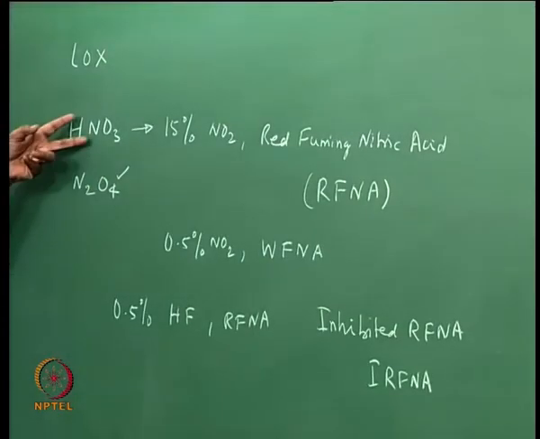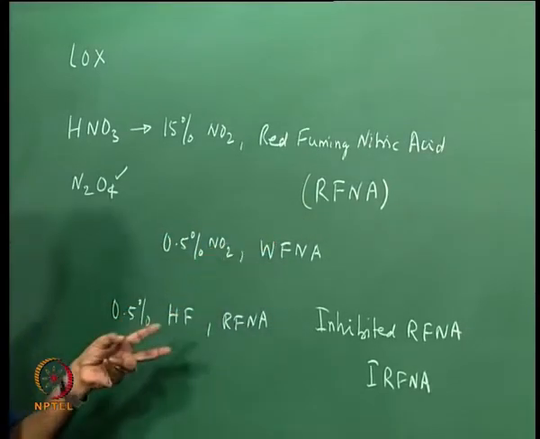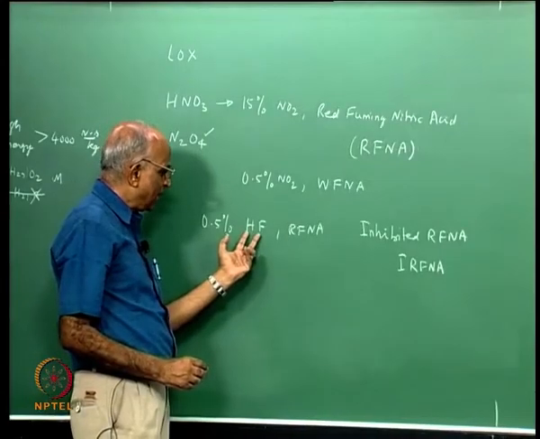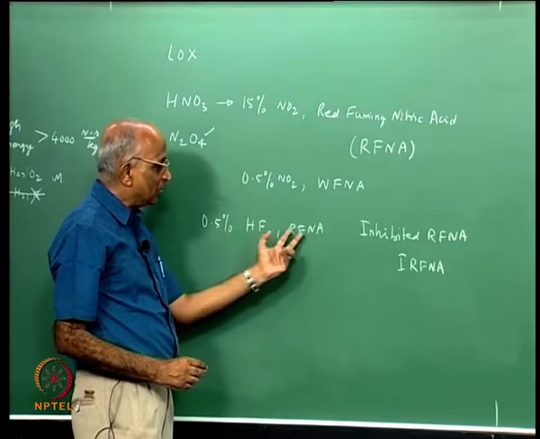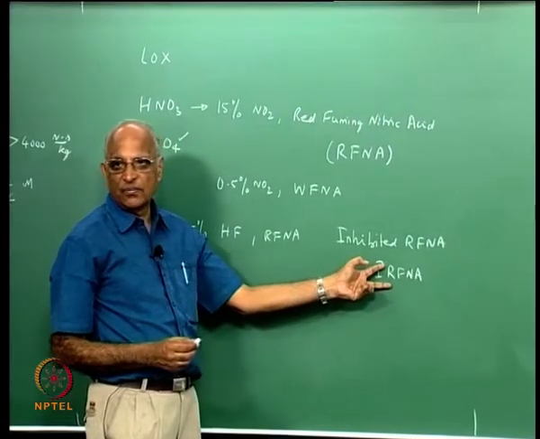Therefore, you have nitric acid as red fuming nitric acid, white fuming nitric acid, and an additive hydrofluoric acid HF added to it, such that it is not that corrosive, and this is what is known as IRFNA.